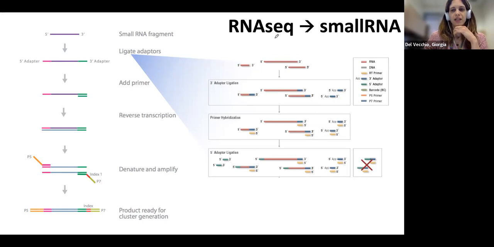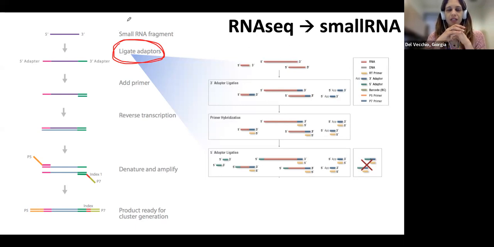And they have some steps that are specific for small RNA library prep. The main difference is the ligation step, which happens first. Of course, they are small RNA, so we don't need the fragmentation here. They are already small in size.